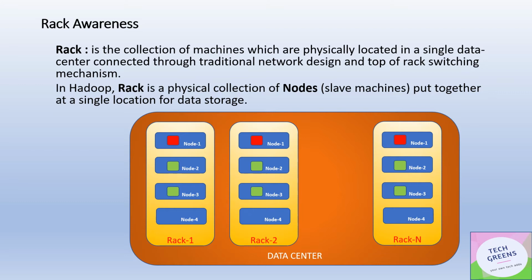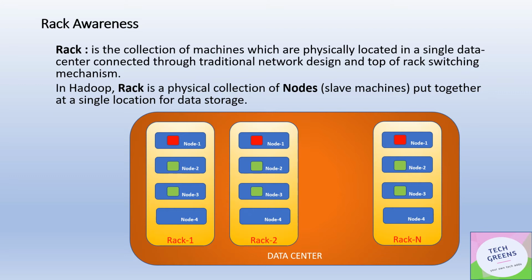You could have a Hadoop cluster across data centers, but it will be the same on individual data centers, so that on each data center you would have different racks available, and on those different racks you will have a number of different nodes which are forming the Hadoop cluster.